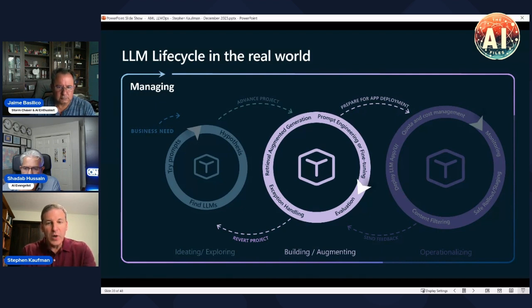So what I mean by that is I'm going to look at the prompts, but then I'm going to start doing different types of prompt engineering and evaluations, so prompt variances, to figure out which one is giving me a better response. And so coming back to that cost optimization, I might go look at cost, and that's in the circle all the way to the right, when I really look at quota and cost management and monitoring.